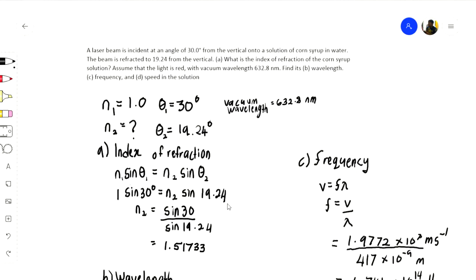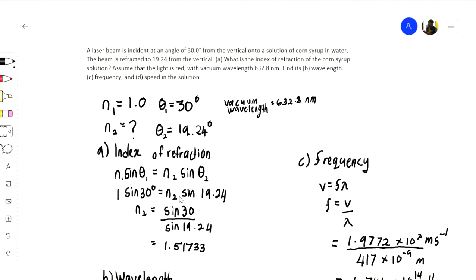Alright, this question asks us to find the index of refraction. So we can use the formula n1 sin theta1 equal to n2 sin theta2. For n1, we put the value 1.0 sin 30 degrees because it is the incident angle, equal to n2 sin 19.24.